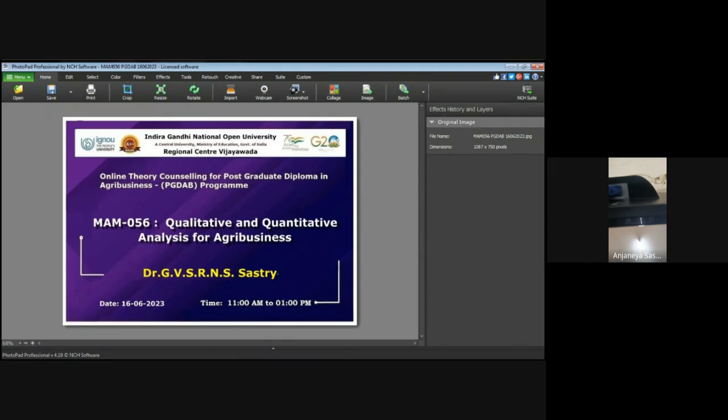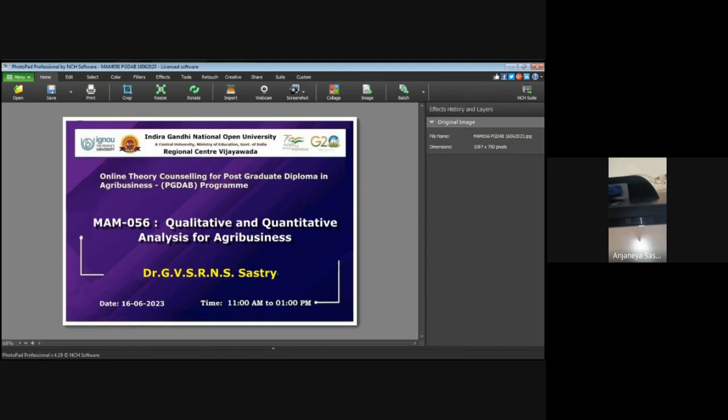The next one is secondary data. Secondary data means the data which is available in the market by means of books, or financial statements of an organization, and others.